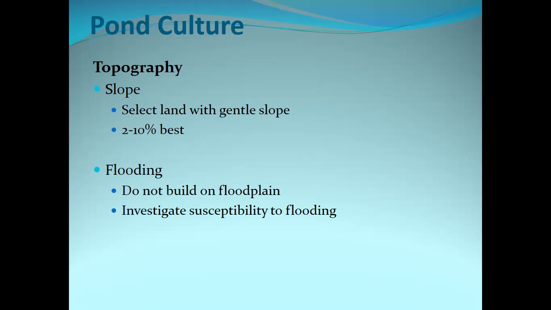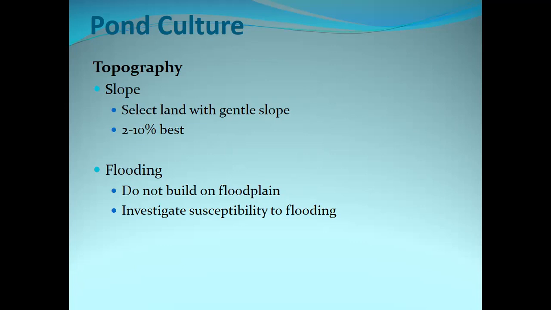However, if you are able to drain that pond and concentrate all your fishes in the deeper end, it's much easier to use a hand seine in that restricted area and seine out all your fish. So that is why having a gentle slope benefits you as an aquaculture farmer, especially when it comes to harvesting.